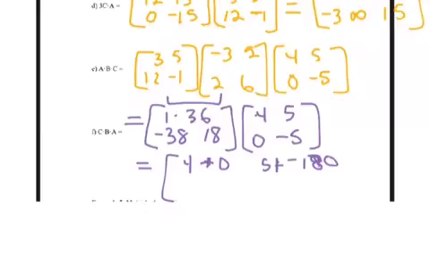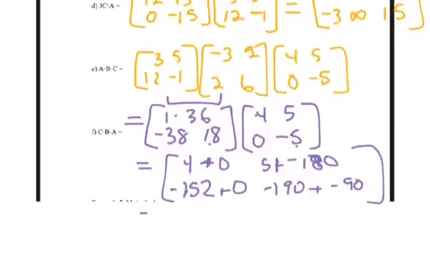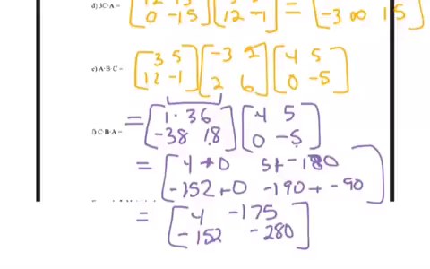Okay, and then 4 times negative 38 is going to be negative 152, plus 18 times 0 is 0. And then negative 38 times 5, negative 190, plus 18 times negative 5, which is negative 90. So altogether I get 4, negative 175, negative 152, and negative 280.